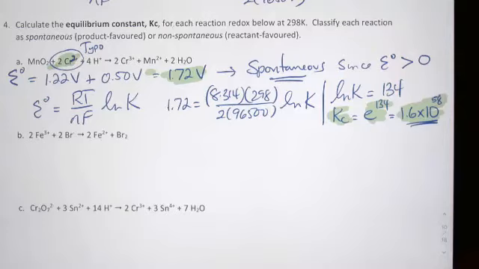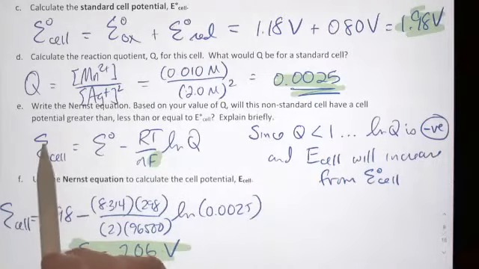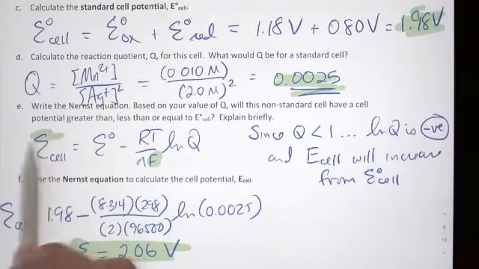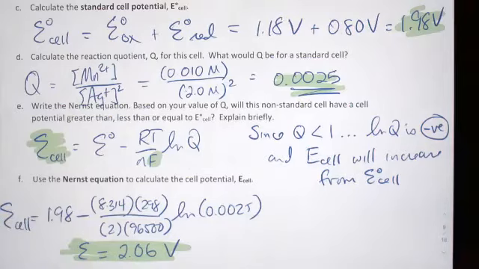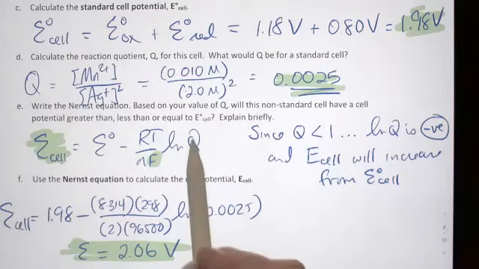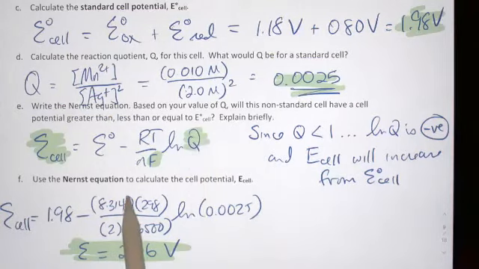We can calculate Kc. We take the Nernst equation. If you look back at the Nernst equation, when you're at equilibrium, E cell becomes 0. And when you're at equilibrium, Q becomes Kc.